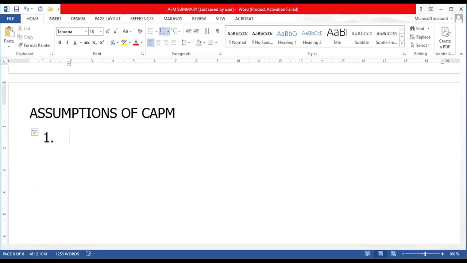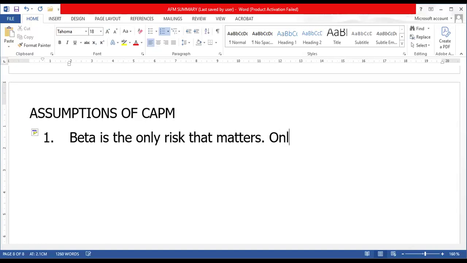One is that as we look at CAPM, it assumes that beta is the only risk that matters. What do we mean? Only systematic risk.